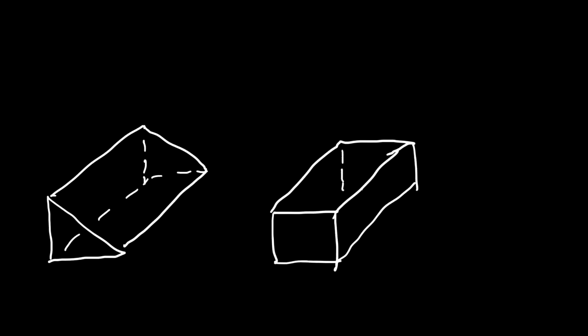Now, if you recall, maybe from a previous video, the volume of a rectangular prism is the length times the width times the height. Now, look at the triangular prism. Notice that it's half of a rectangular prism.